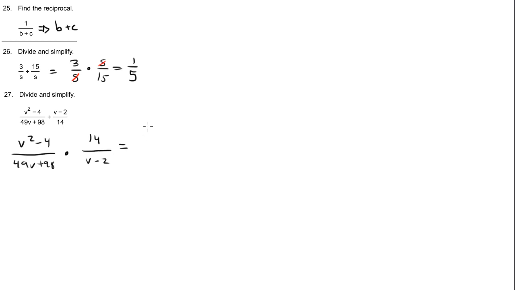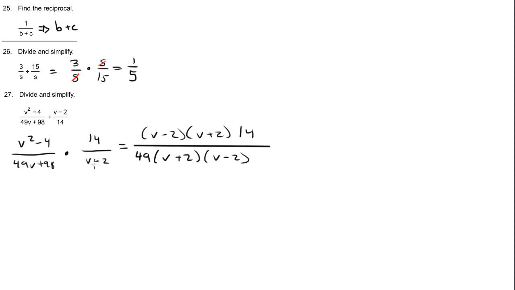V squared minus 4 is v minus 2 times v plus 2. Okay, and we've still got that factor of 14 up there in that numerator. 49v plus 98, I can factor 49 out of that, and we'll be left with v plus 2. Then there's a v minus 2 in the very edge right there.